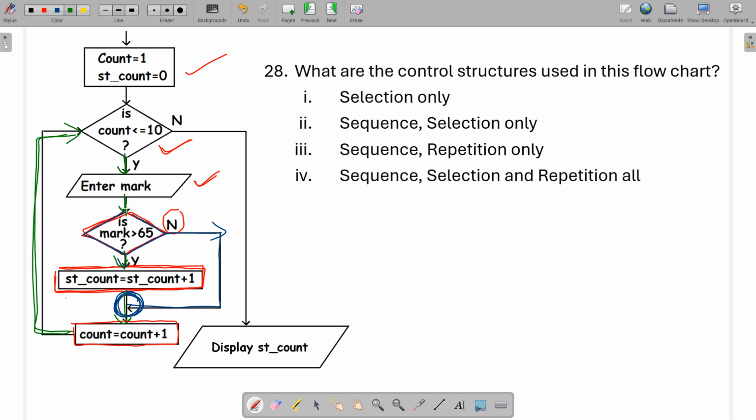It goes like this and flows to here and forms the iteration. The condition which helps you exit the iteration can be considered the iteration condition. So this flow chart contains all 3 concepts: sequence, selection and iteration, or in other words repetition. So the fourth one is going to be the answer.